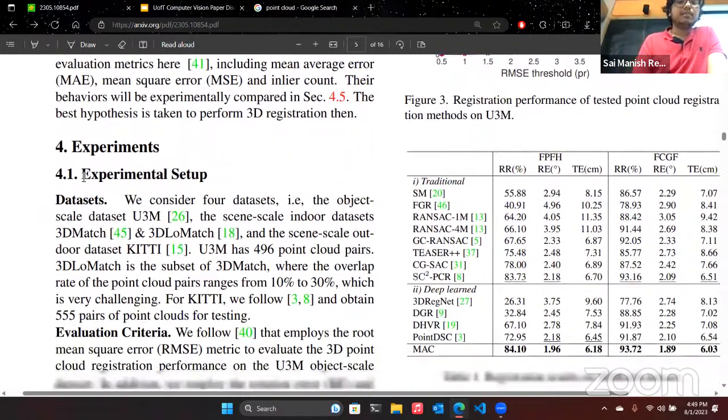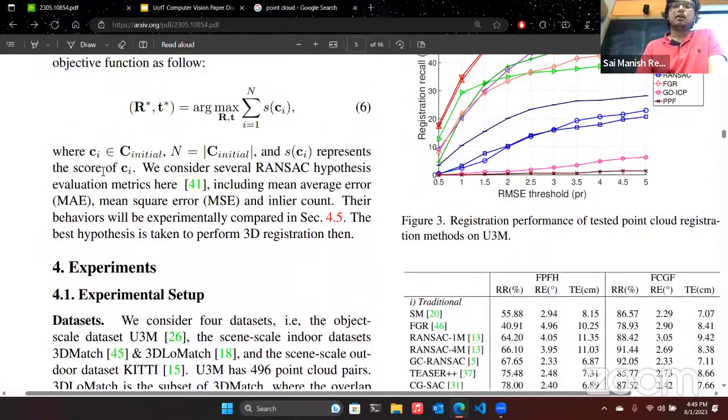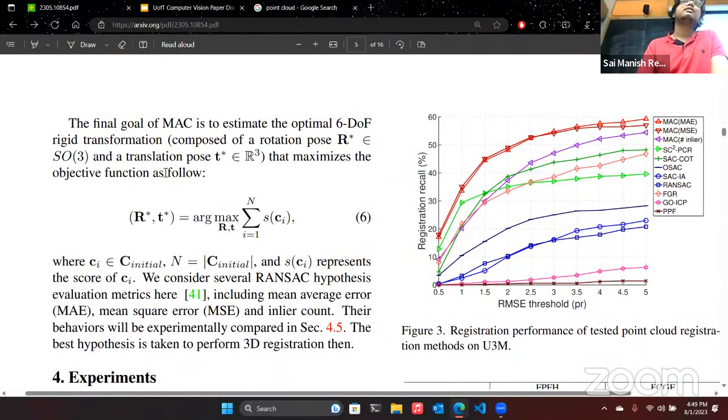Then we'll look at the experiments conducted. So you're just handcrafting the features? The features are handcrafted and not learned, right? Oh no, the features are learned from the object, they're not handcrafted.